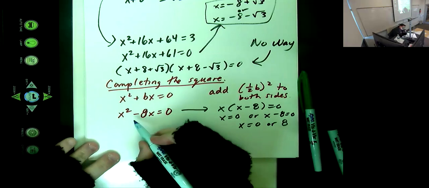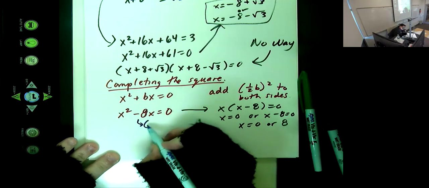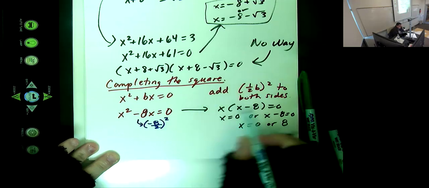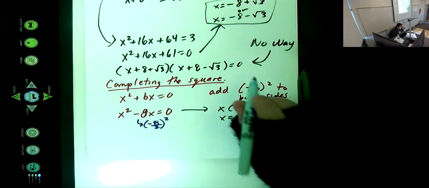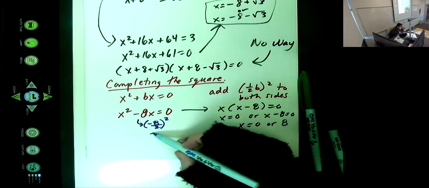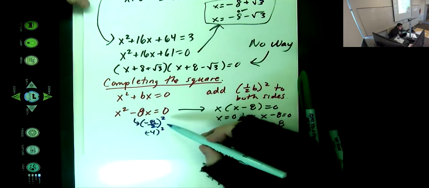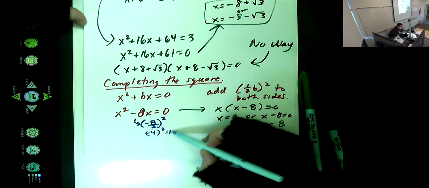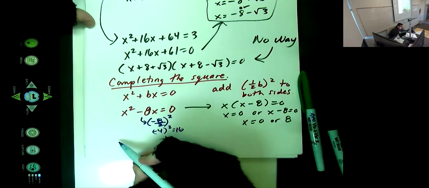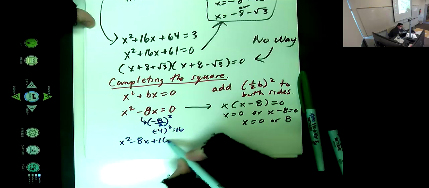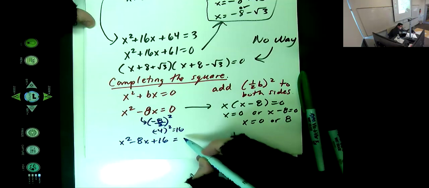What I'm going to do is take this negative 8, divide it by 2, and square it. So this is negative 4 squared. I'm going to add negative 4 squared, which is 16, to both sides. I will have x squared minus 8x plus 16 equals 16.